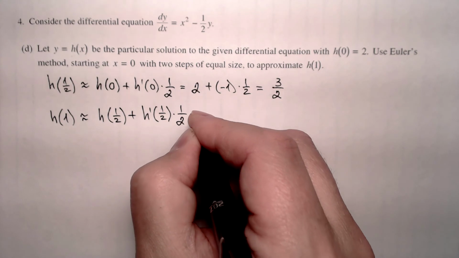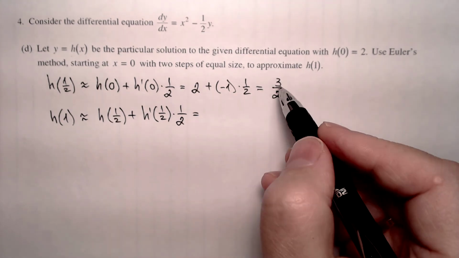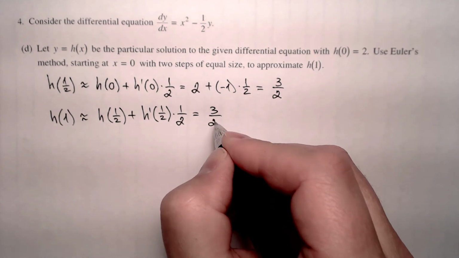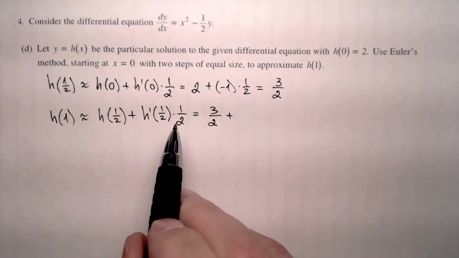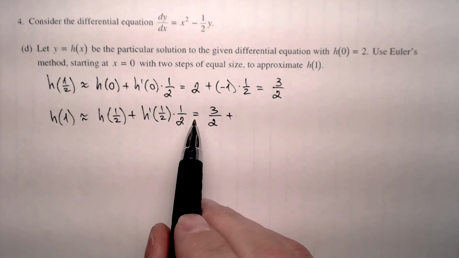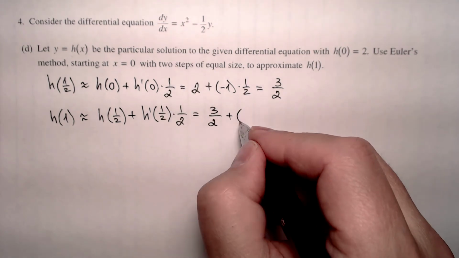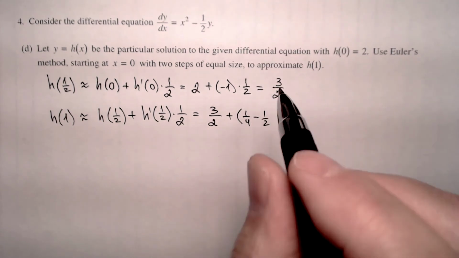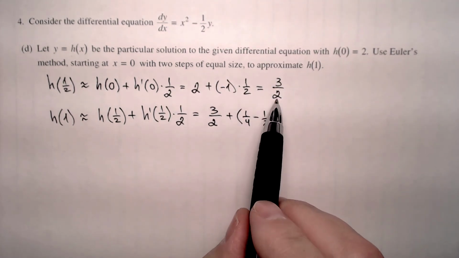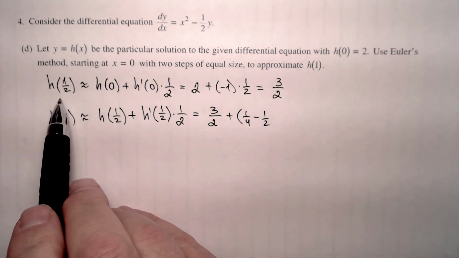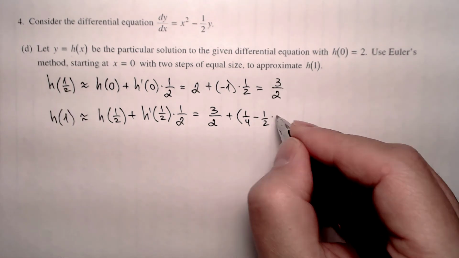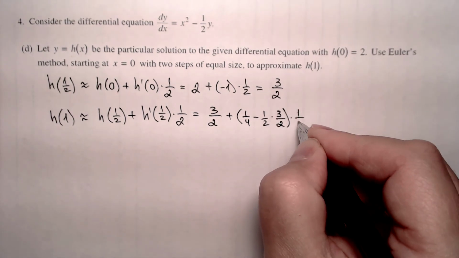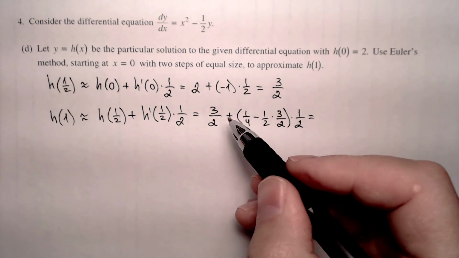And so this is equal to h of 1/2, we just calculated the approximation is 3 over 2, plus the derivative at the point 1/2, we plug in 1/2 here, it's going to be 1/4 minus 1/2, and then instead of y we plug in what we just estimated to be h of 1/2, which is 3/2, times 1/2.